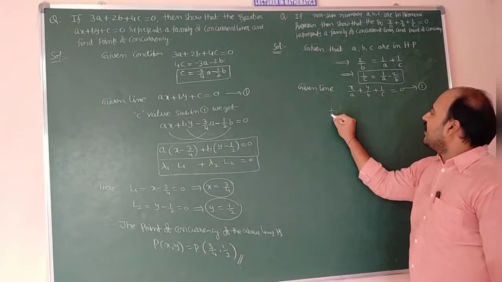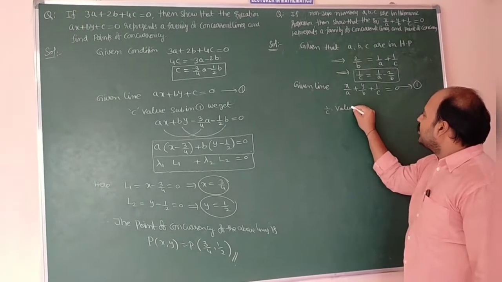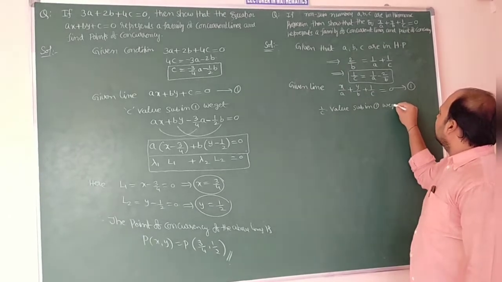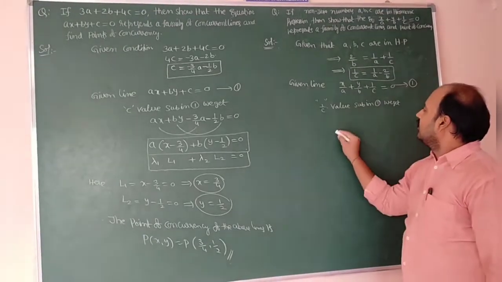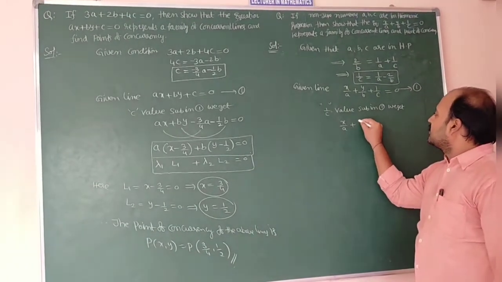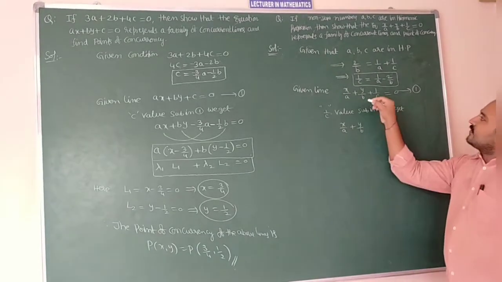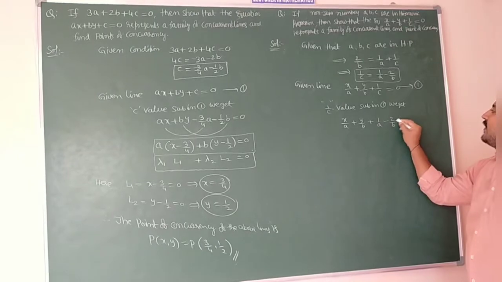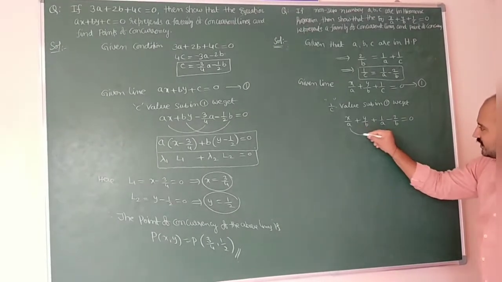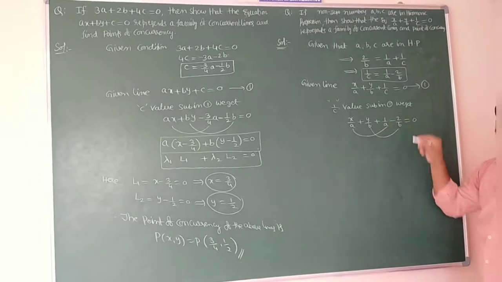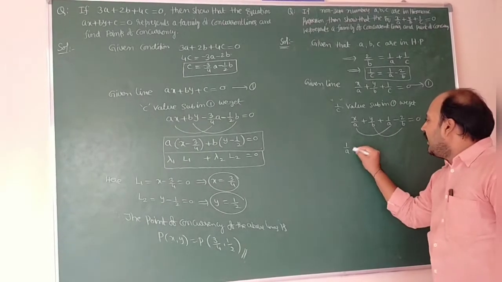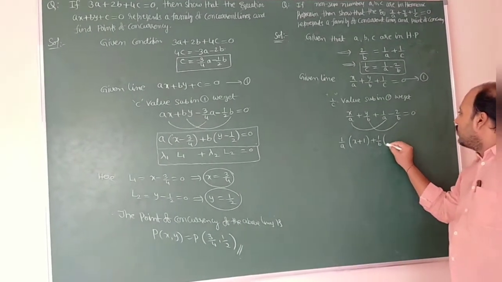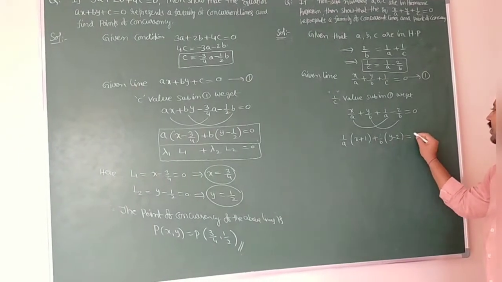So substitute the 1 by c value in equation 1, we get x by a plus y by b plus, in place of 1 by c, 1 by a minus 2 by b, is equal to 0. From these two, take 1 by a common, and from these two, take 1 by b common. So 1 by a into (x plus 1) plus 1 by b into (y minus 2) is equal to 0.